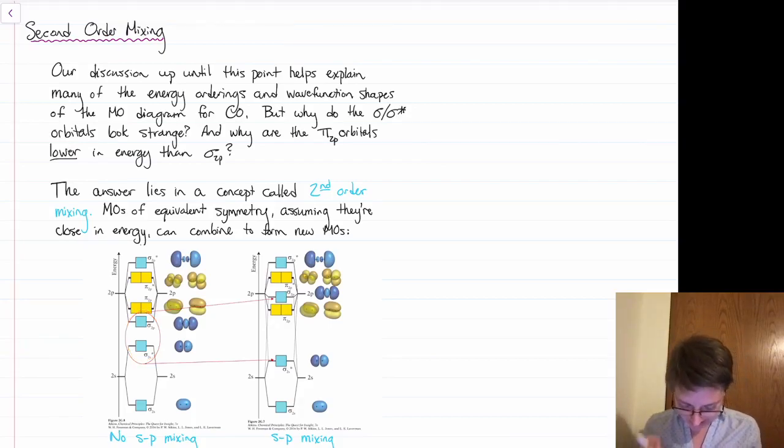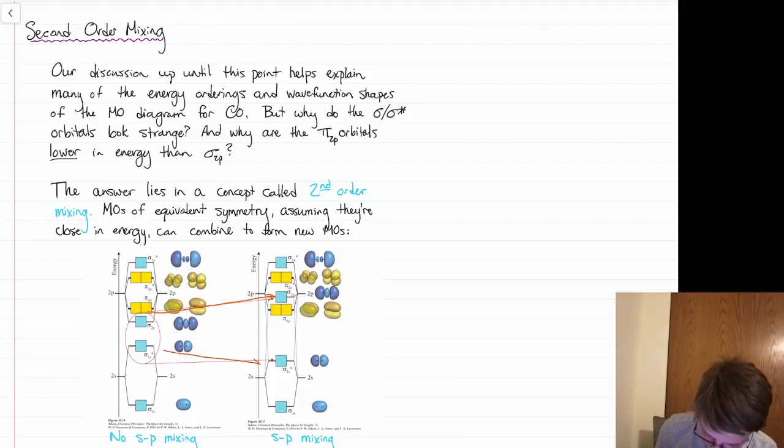Where things become complicated and interesting is for atoms that are closer to the left-hand side of the periodic table, like lithium, beryllium, boron, carbon, and even nitrogen. In these cases, when our sigma 2p and our sigma star 2s orbitals overlap with one another, the net effect is that this sigma 2p orbital raises up a little bit in energy, and the sigma 2s star orbital goes down a little bit in energy.